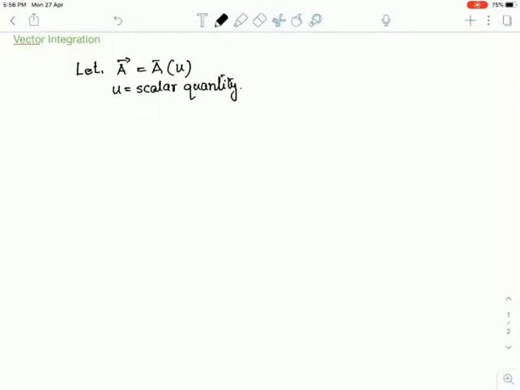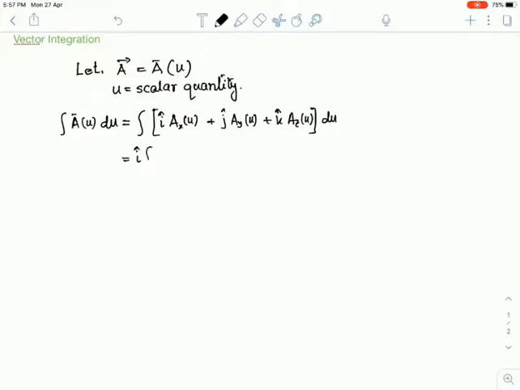Then the integration of vector A du can be written as i integration Ax du plus j integration Ay du plus k integration Az du.